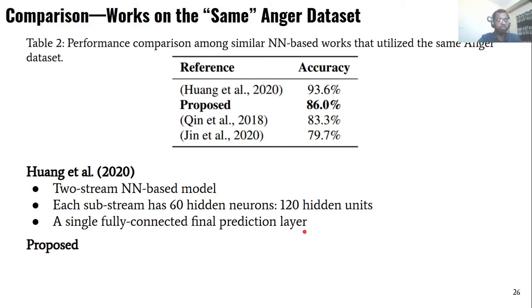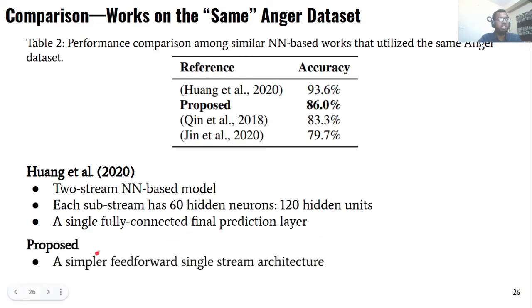Whereas in our proposed method we used a simpler feed-forward neural single stream architecture, whereas we used 12 hidden units. If you remember, we have 2 hidden layers, and in each layer we have 6 neurons, so we have 12 hidden units before pruning. Also we pruned it later.